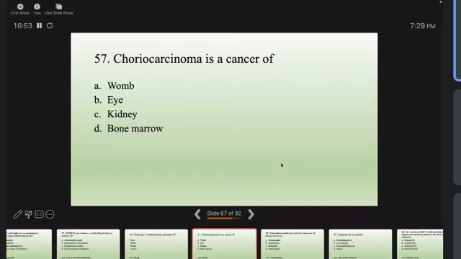Eye. Just think about it. Eye. Okay, so most of you are telling eye and womb. Have you heard about chorioamnionitis?